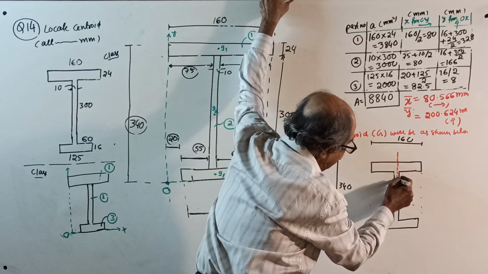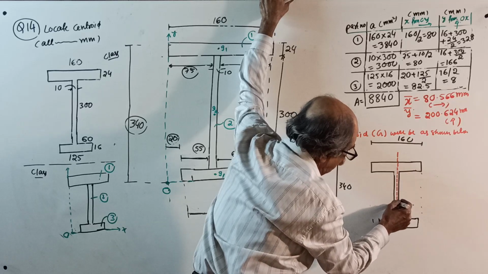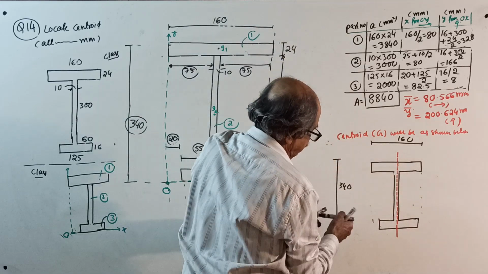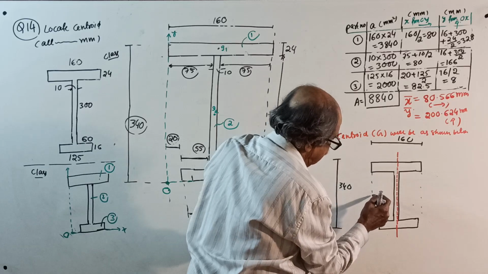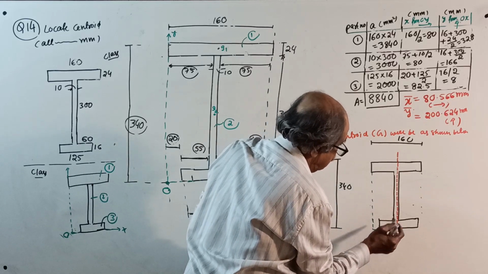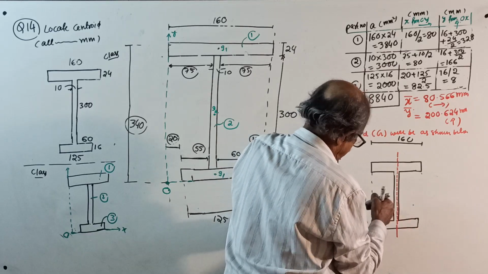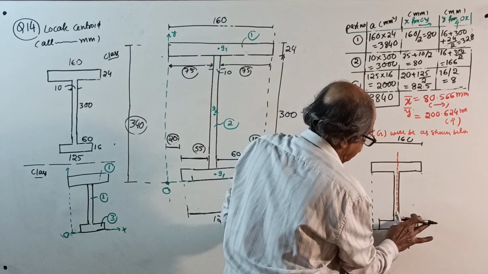See, slight shifting from center of web, minutely to right side. Okay. And reference axis here, see, this gap is there. Here also one gap is there. There is a small gap. Sketch.